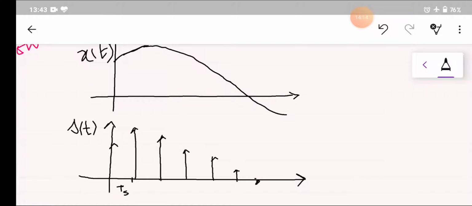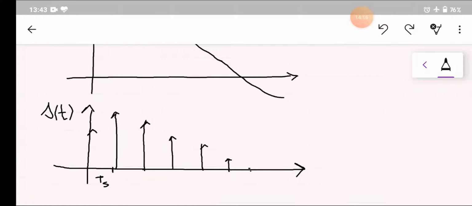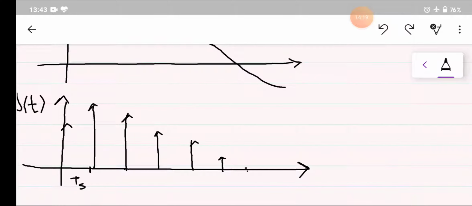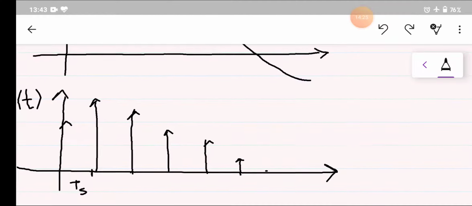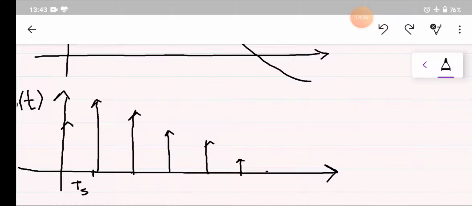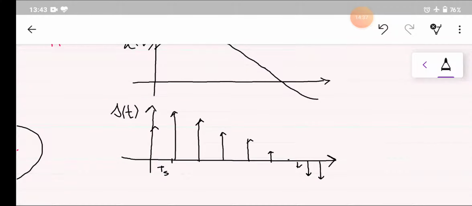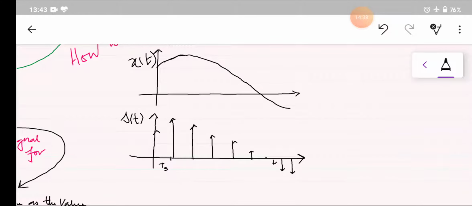Okay, so like this we have converted it into a sampled signal.